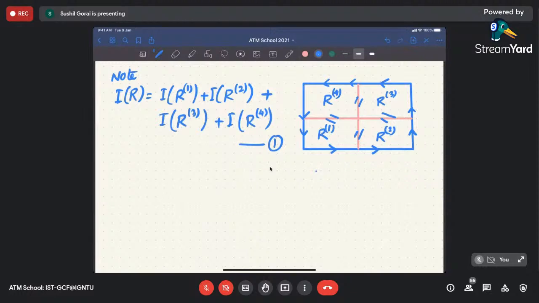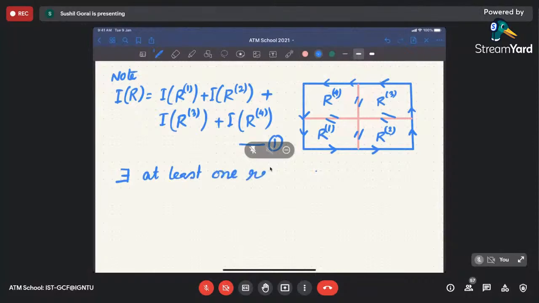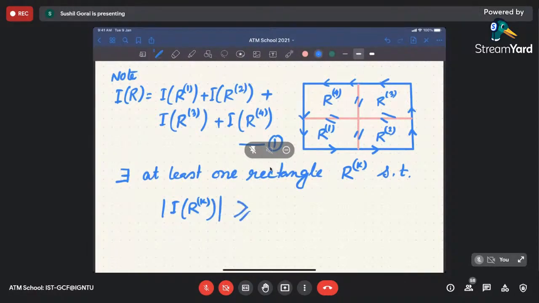Actually, we are not assuming. It's basically there exists at least one rectangle Rk such that mod IRk is greater or equal to 1/4 mod IR.